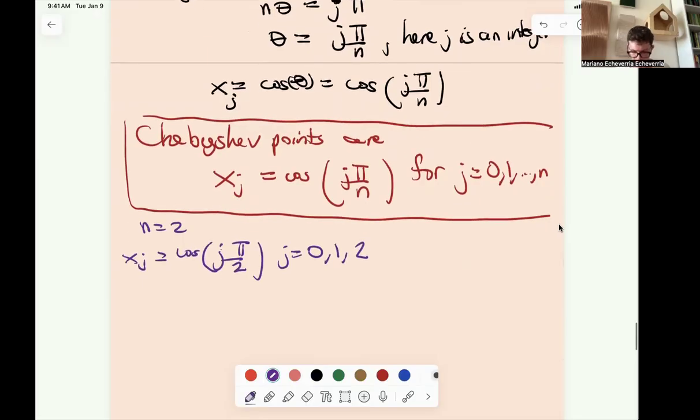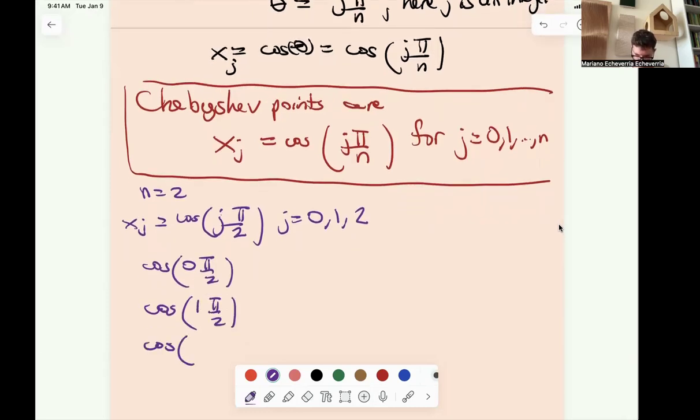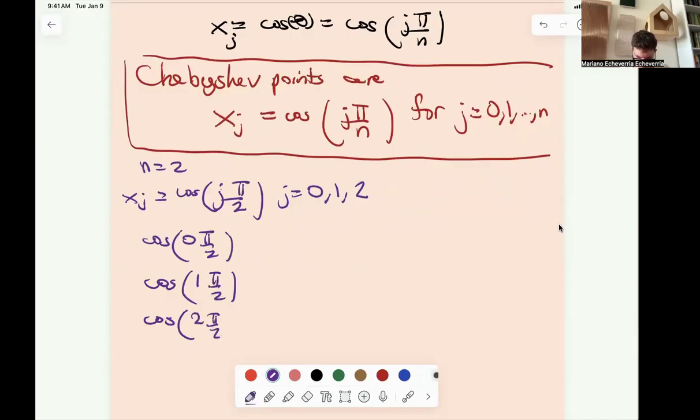So how many points does that give you? You get cosine of 0 pi over 2, cosine of 1 times pi over 2, and cosine of 2 times pi over 2. Cosine of 0 is 1, cosine of pi over 2 is 0, and cosine of pi is -1.